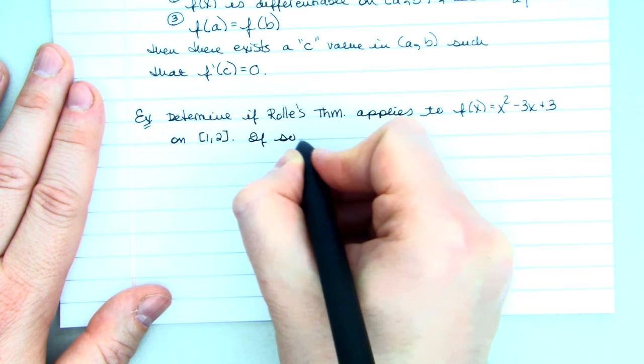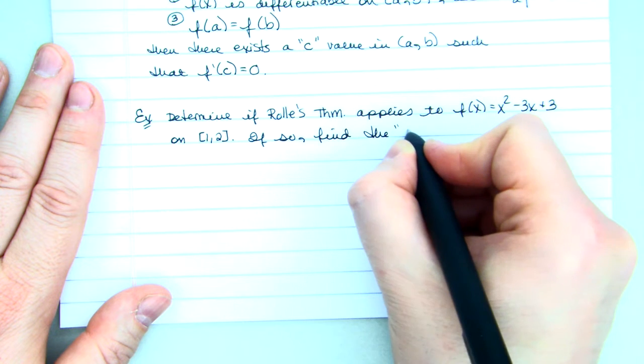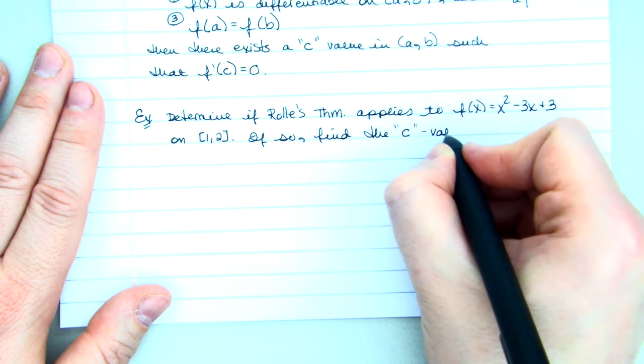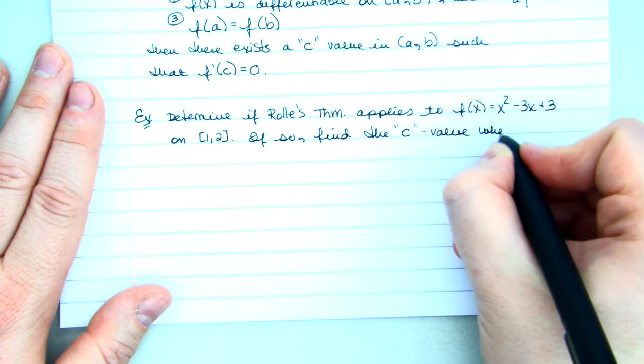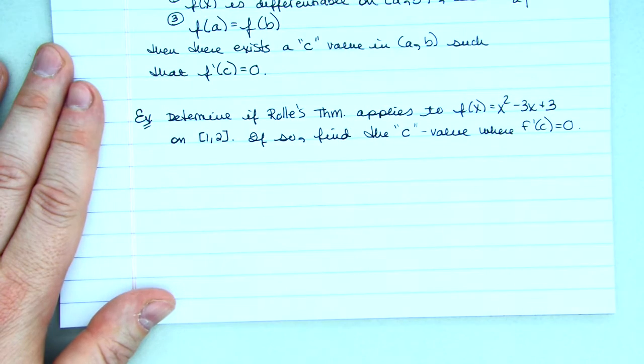If it does, we want to find the c value where f prime of c equals 0.